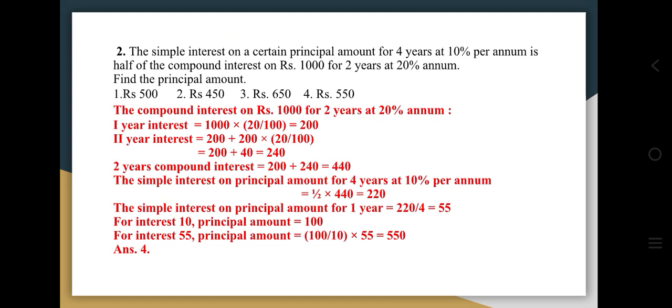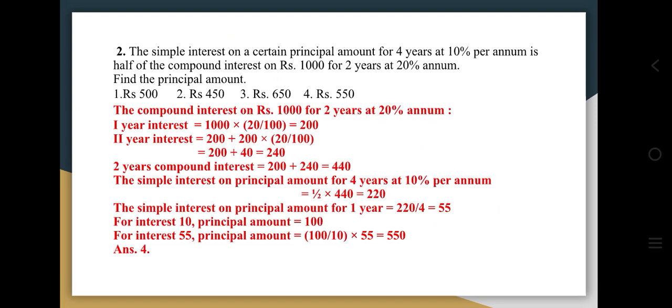In compound interest, what is the second year interest? First year interest 200, that corresponds to the interest for the principal amount 1000, plus interest for interest. What is the first year interest? 200. So for 200 we have to calculate the interest at 20% rate.